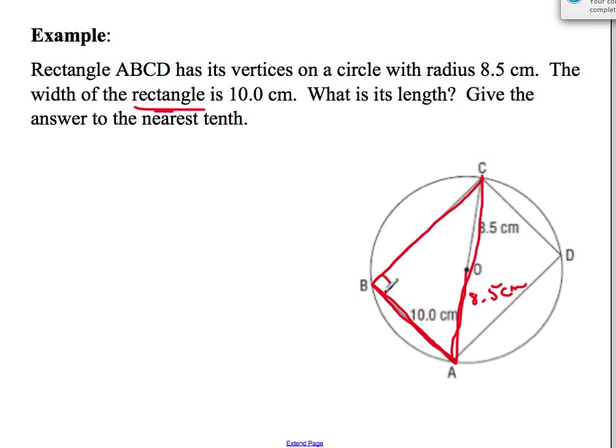Any angle that is subtended by a diameter is a right angle. So because of that, I can actually use Pythagoras' theorem. So that is my C. Here's my A, and I'm solving for B because I want to find the length. So B squared is equal to C squared minus A squared.